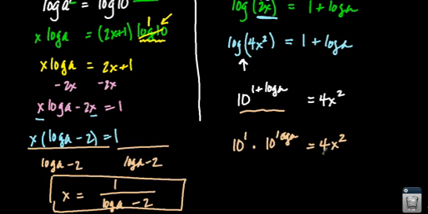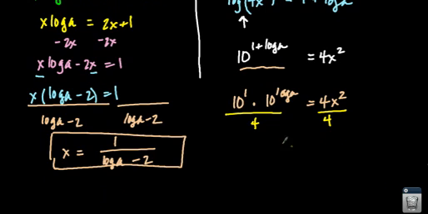So my next step is dividing by 4, and be careful here: you cannot reduce your bases at this point, or well, you could, but we're going to leave them as 10. So this becomes 10 to the 1, which is 10, times 10 to the log of a, over 4 equals x squared.